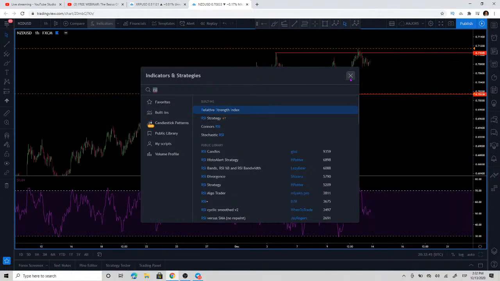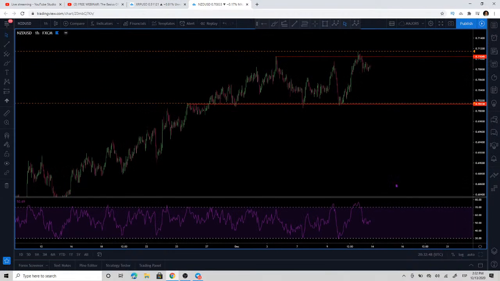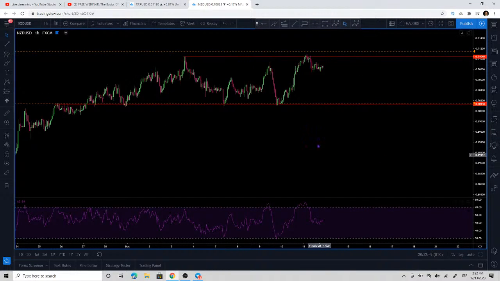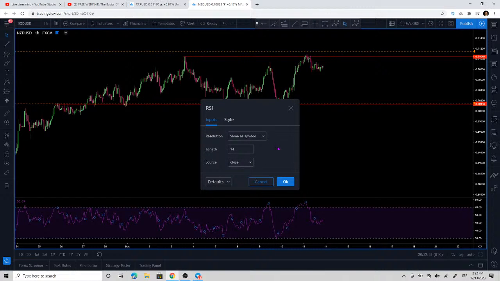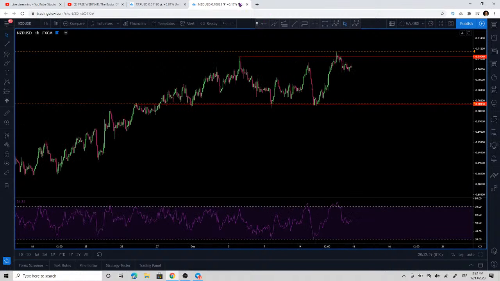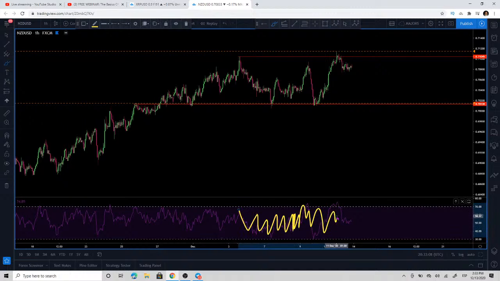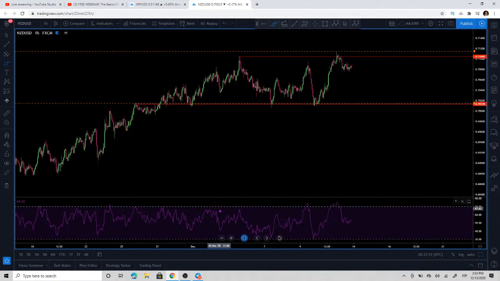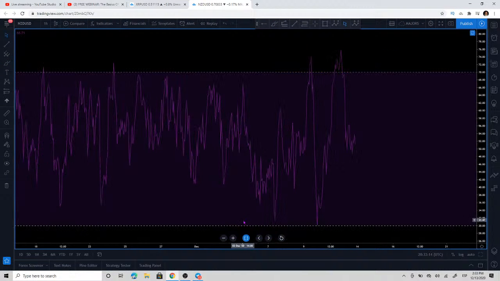Right, and we have to go ahead and look at the RSI, and I like to use some slow RSIs, right? Why? Because if you use the 14 period RSI, we are going to get a lot of highs and a lot of lows, right? We are going to get a lot of chop, and I want to filter that out.